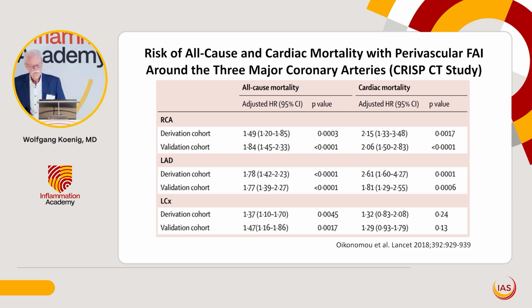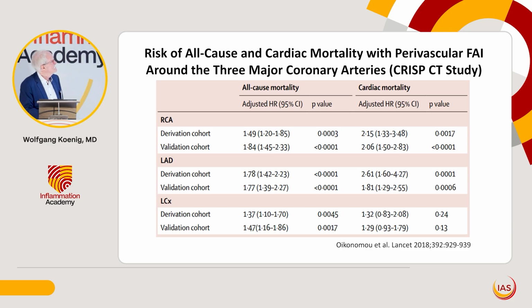Now, there are not too many studies around at that point in time. This is probably the most important one, the CRISP-CT study. And what you see here, focusing on the three major epicardial coronary arteries, right coronary artery, left anterior descending and left circumflex, looking into two different independent cohorts, the derivation and validation cohorts. So a very solid methodological approach.